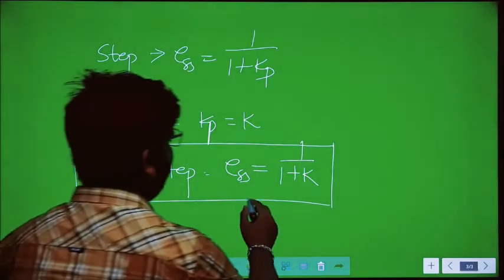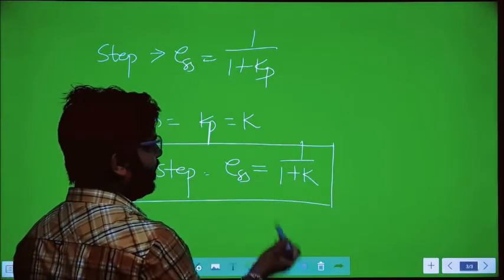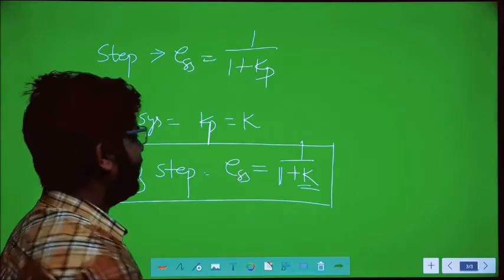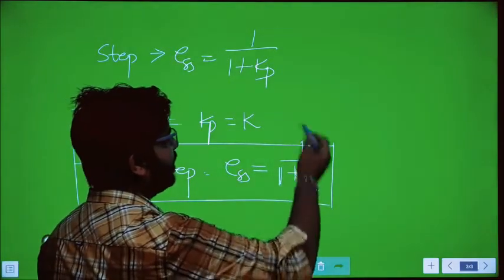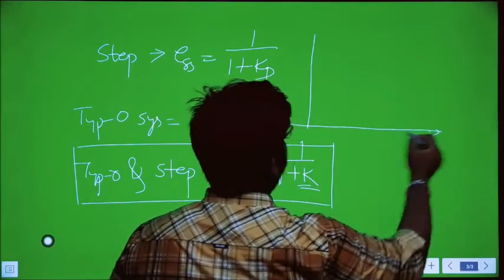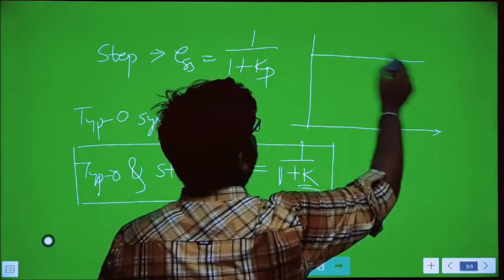So if you see, 1 is a constant, here 1 is another constant, here K is also another constant. That means we will have some constant term over here. Let's say I am having a graph over here, and this is my input line.